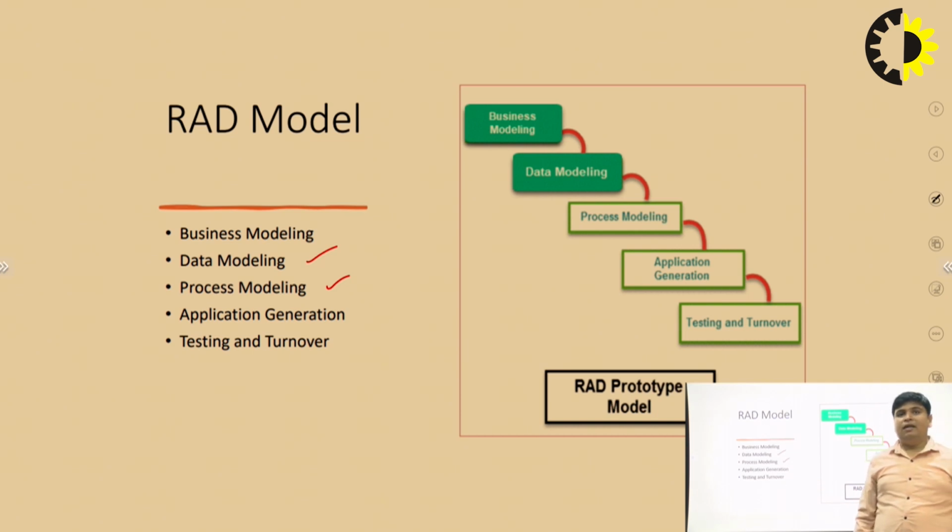In process modeling, we start the implementation part. We analyze all the processes inside our system during this phase, and second last is application generation, in which we use some automatic code generation tools which are helpful to generate the applications, and finally we will go for testing and turnover.